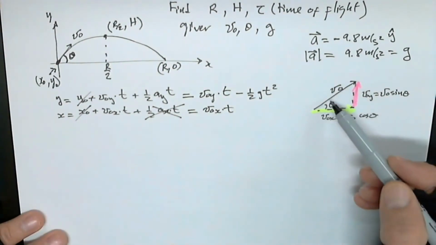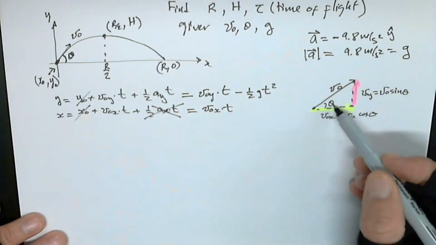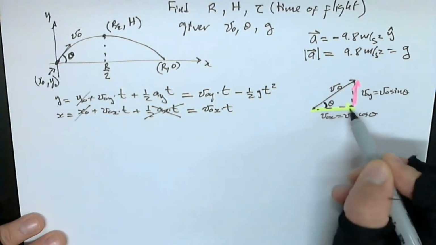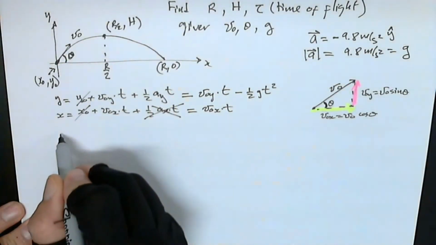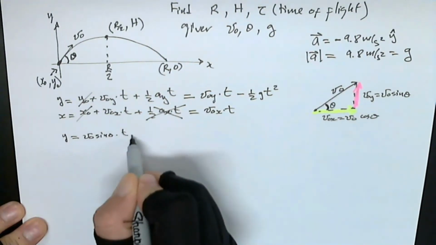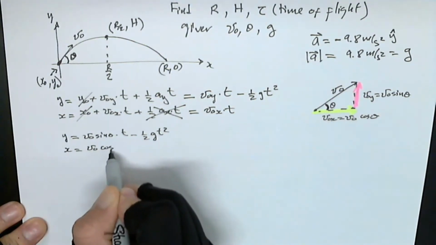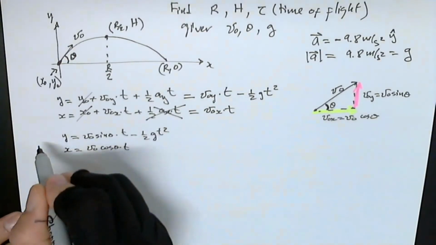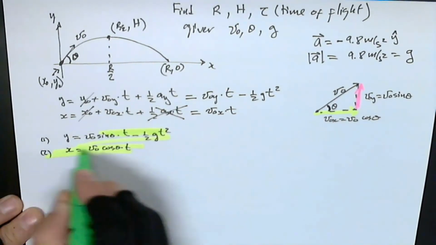Remember, the sides are a fraction of the hypotenuse, and that fraction is sine or cosine depending on whether the side is adjacent to the angle or opposite to the angle. So finally, these are the equations that we are going to use to derive anything in here.